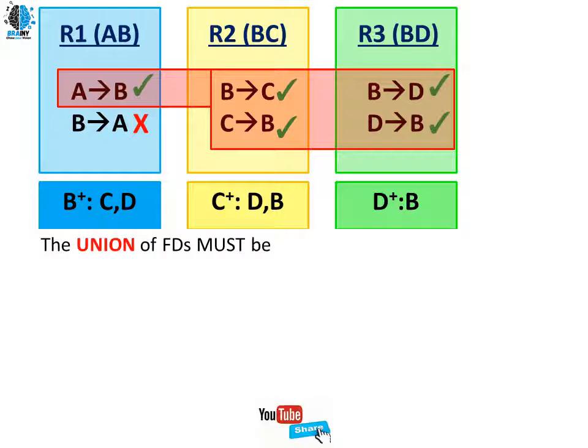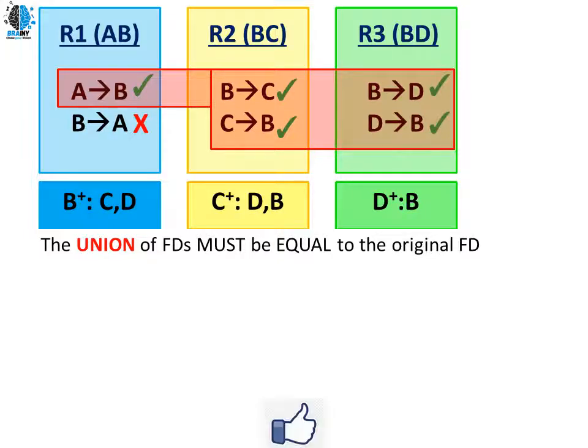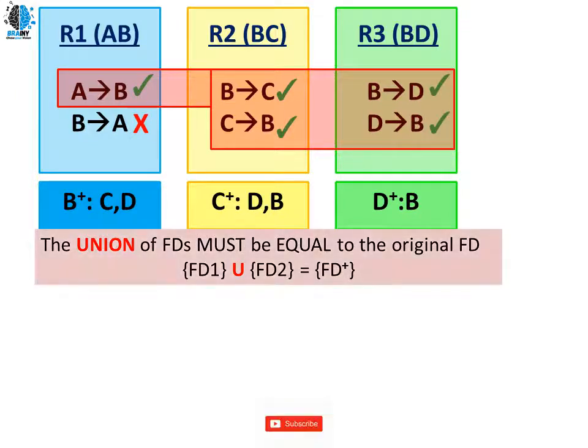Now, as we know, the union of the functional dependencies must be equal to the original functional dependencies. This is the formula of dependency preserving decomposition. It means the union of all the functional dependencies of the decomposed tables should be equal to the original functional dependencies of the table: FD1 union FD2 union FD3 should equal FD closure.